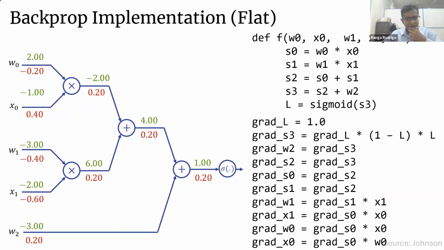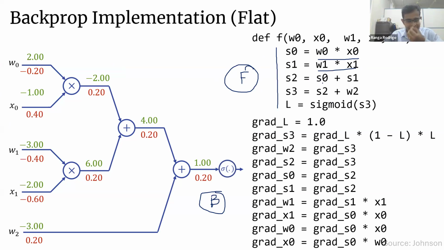So therefore, now if you have this computational graph like that, I can use the forward pass. This is a forward pass, and this is a backward pass. In the forward pass, I use W0 times X0 is S0, and W1 times X1 is S1, right?